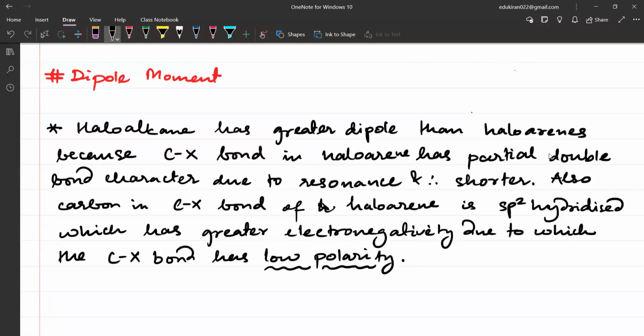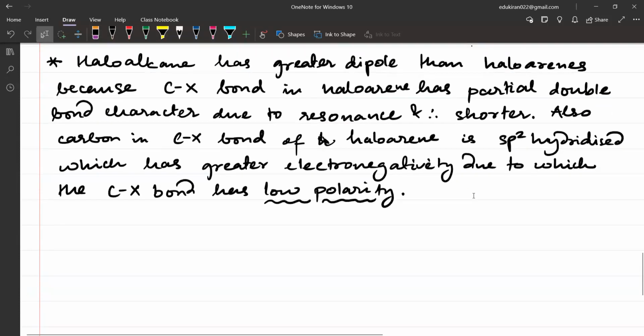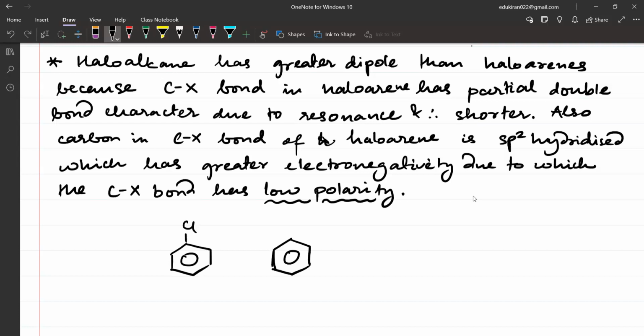Okay. So there is a question in NCERT: why does chlorocyclohexane have a greater dipole moment than chlorobenzene? If you compare chlorobenzene like this, and this is cyclohexyl chloride, obviously this is haloalkane and this is haloarene, so the haloalkane will have higher dipole moment.